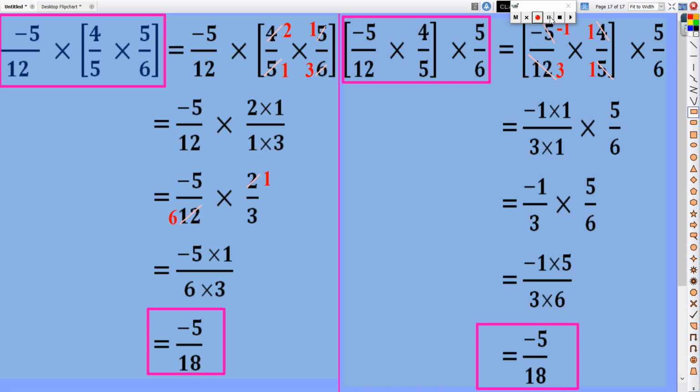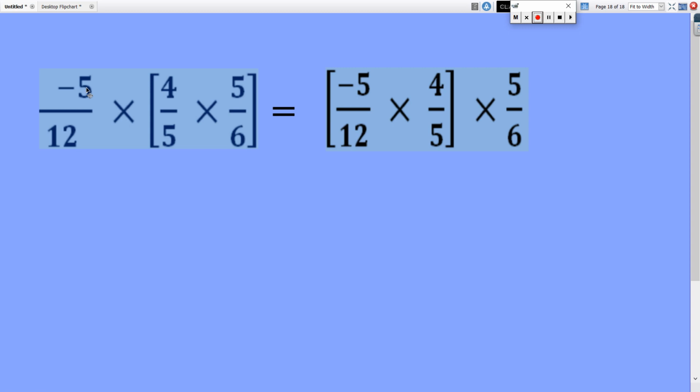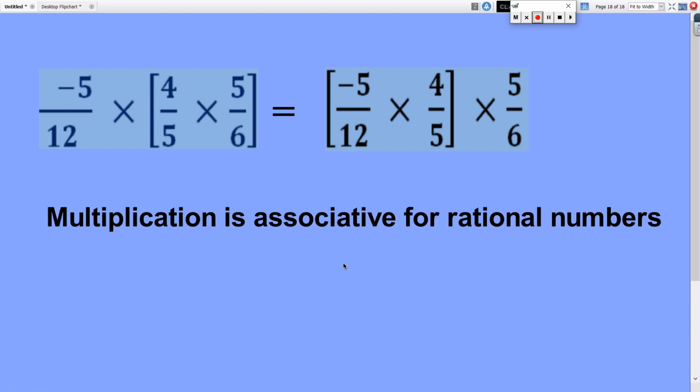So we can write negative 5 by 12 into 4 by 5 into 5 by 6 is equal to negative 5 by 12 into 4 by 5 into 5 by 6. So we can say multiplication is associative for rational numbers.